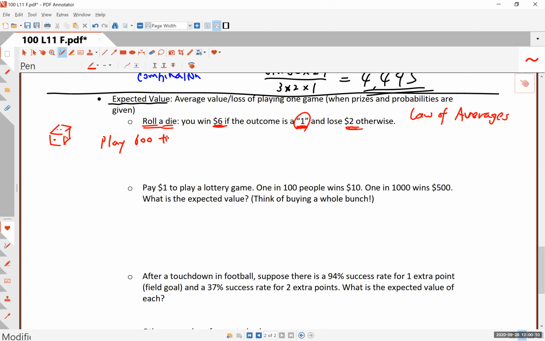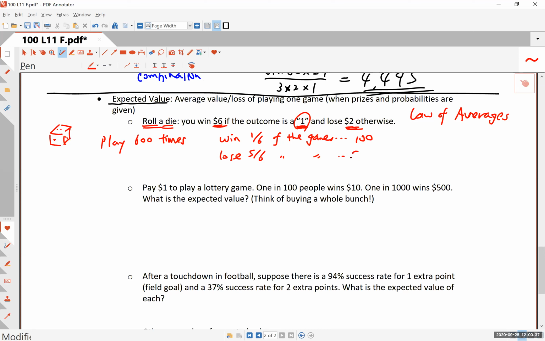Now, the reason I choose 600 is because you know that 1/6 is the probability of winning, right? You win 1/6 of the games. And how much is that? That's 100 games. Okay. So 100 times you win, and you lose 5 out of 6 times.